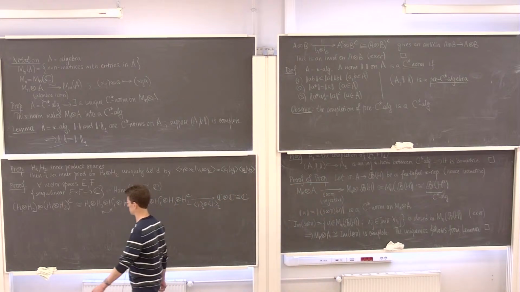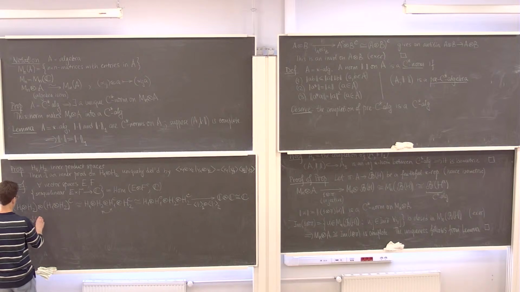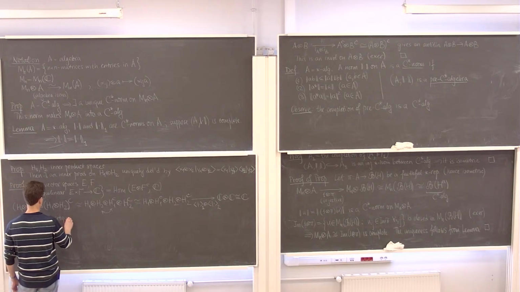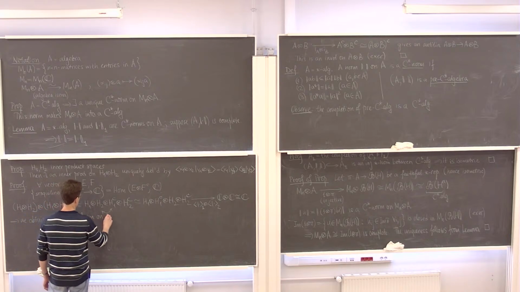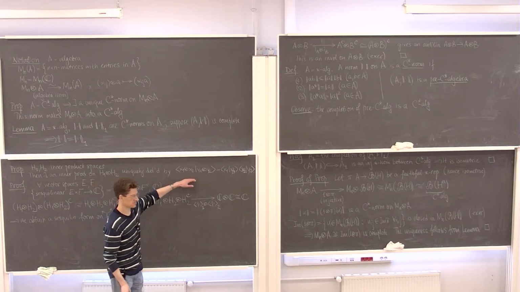And as a result, we get a linear functional on the space, or equivalently a sesquilinear form on H1 tensor H2. So we obtain a sesquilinear form on H1 tensor H2 satisfying this condition.